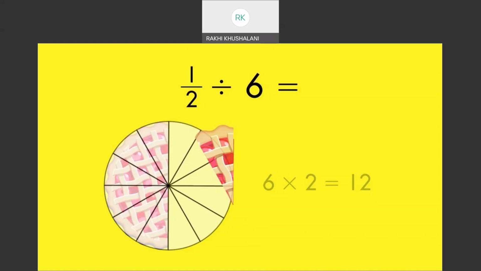So if you see here, total how many parts did you get? You got 12. 6 into 2 is 12, right? So I divided this half into 6, that half into 6. I got 12 equal parts. You can clearly pause the video here and look, keep staring at the image and you will understand.